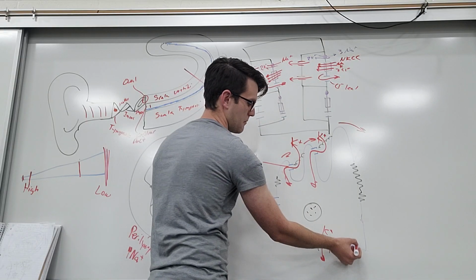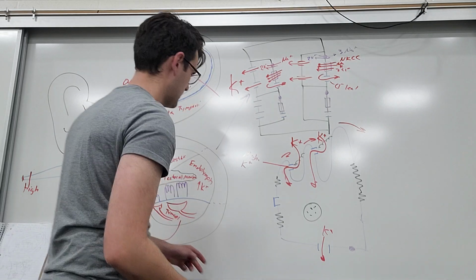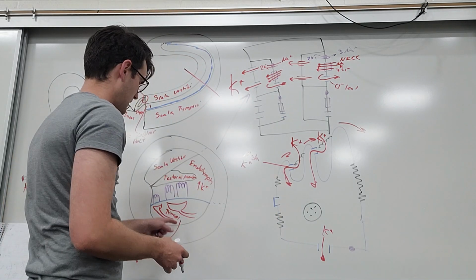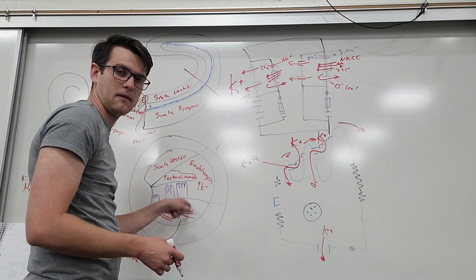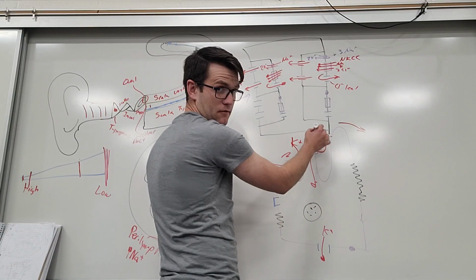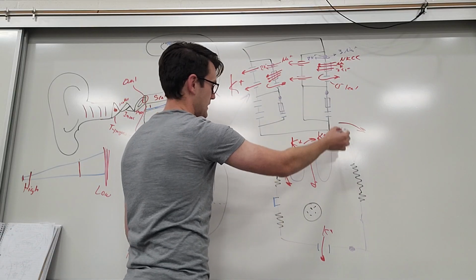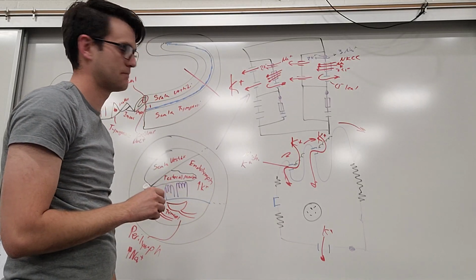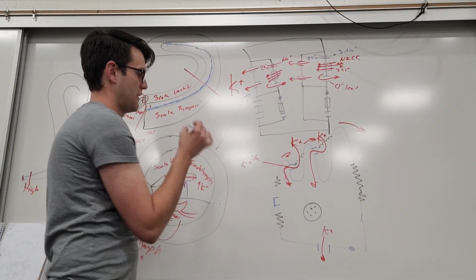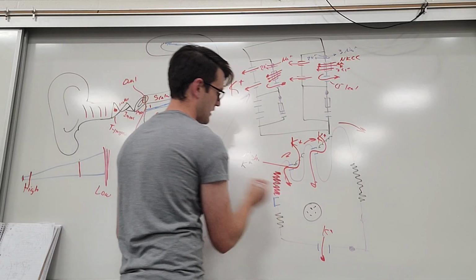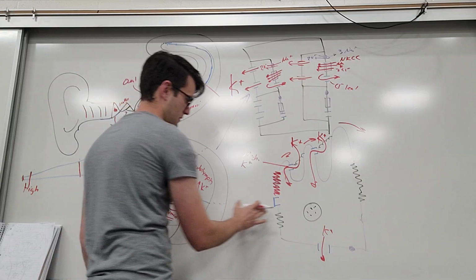We also have a sodium-potassium pump, which is going to keep the potassium high in our hair cells, but also keep our perilymph high in sodium. But our driving force is going to be so much greater up here that potassium is just going to rush right into our hair cell. That causes a depolarization, an action potential.